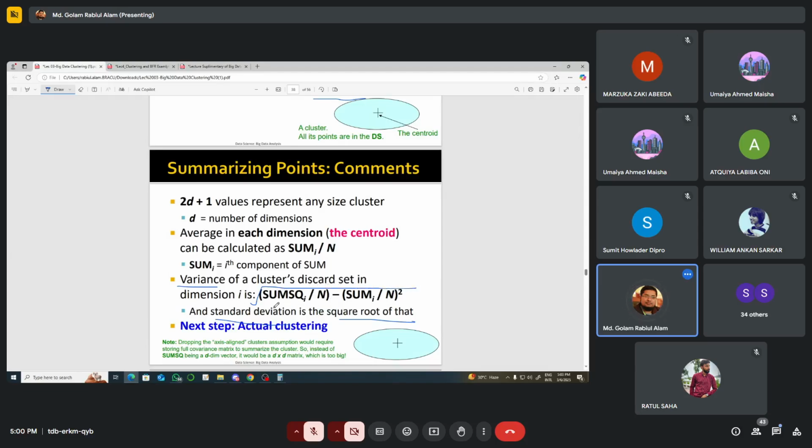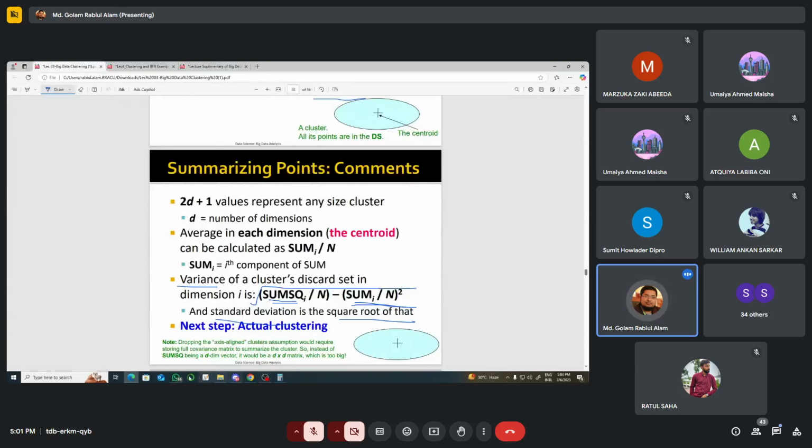So we can see the sum of squared elements divided by n, minus the sum of the elements divided by n, whole square. This is a very well known formula for finding out the variance and the standard deviation. So we can utilize this formula to find out the standard deviation, that is the sigma there.